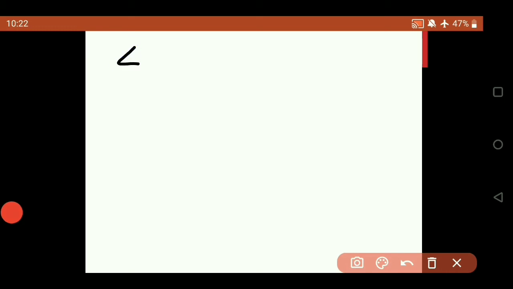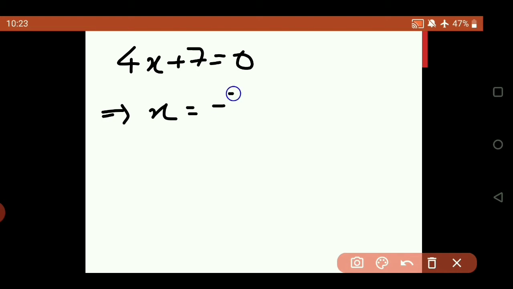If I write 4x plus 7 is equal to 0. Simplifying it, we will get x is equal to minus 7 by 4.